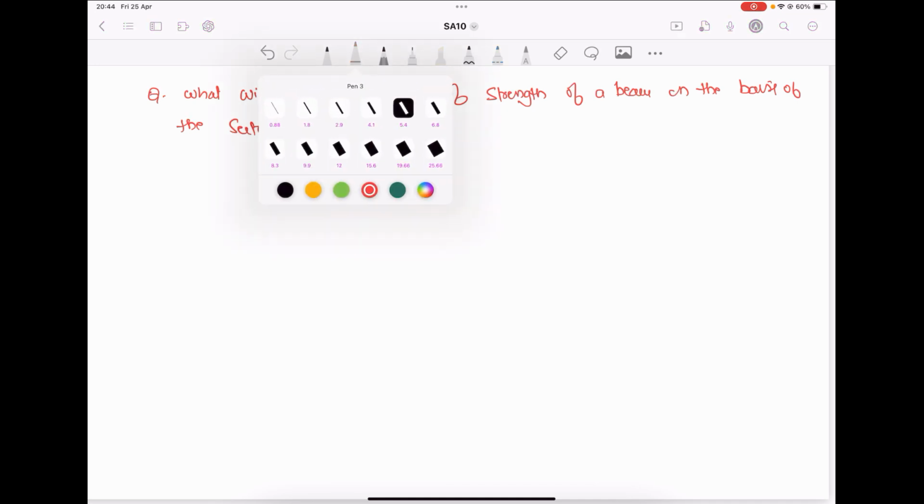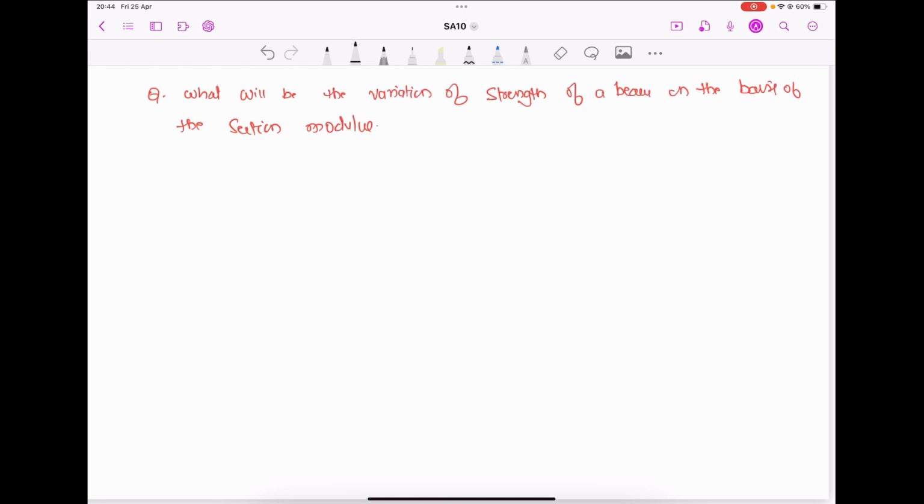How do you answer this? I am asking the relation between the strength of the beam and the section modulus.